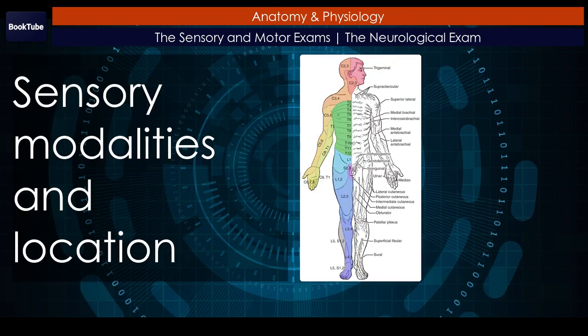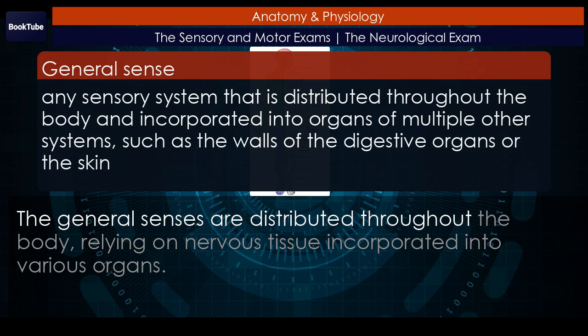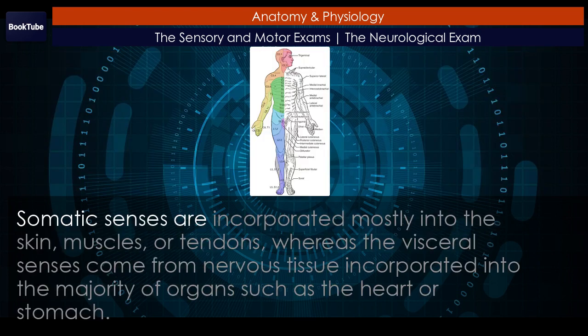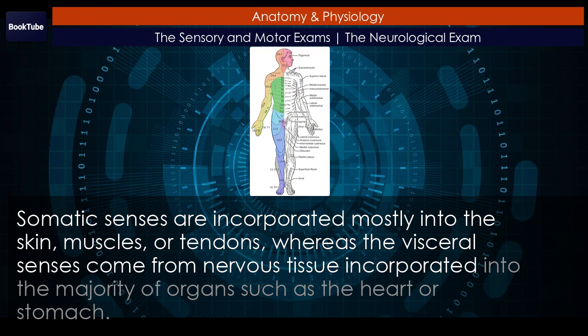Sensory modalities and location. The general senses are distributed throughout the body, relying on nervous tissue incorporated into various organs. Somatic senses are incorporated mostly into the skin, muscles, or tendons, whereas the visceral senses come from nervous tissue incorporated into the majority of organs such as the heart or stomach.